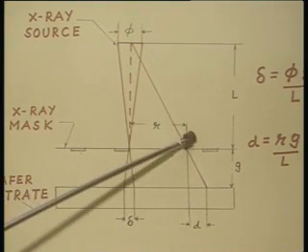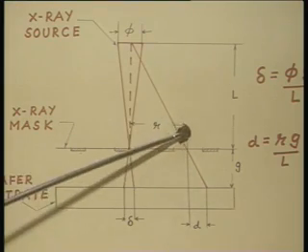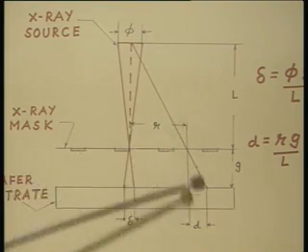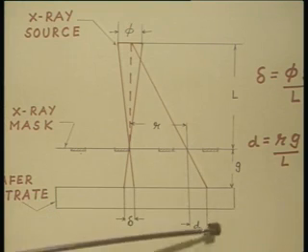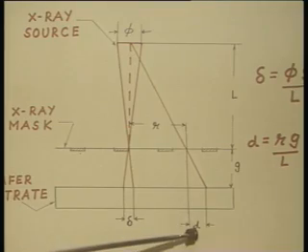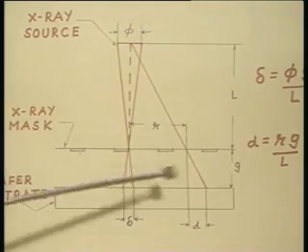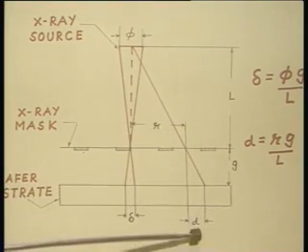If we look at a pattern which is situated r distance away from the center, then we see that the actual pattern on the semiconductor surface has got shifted by an additional amount of d, and this d obviously is going to depend on how far away from the center of the mask the pattern is located.